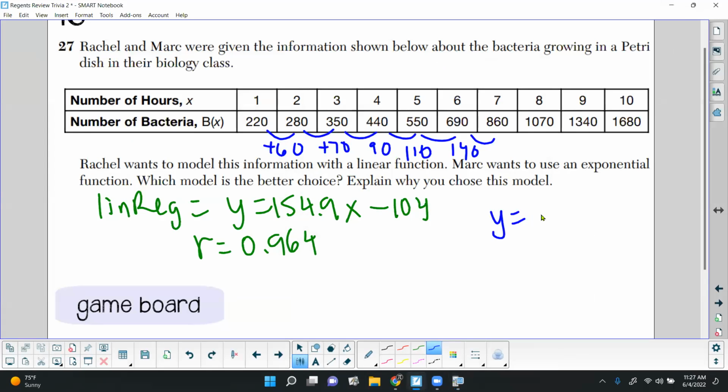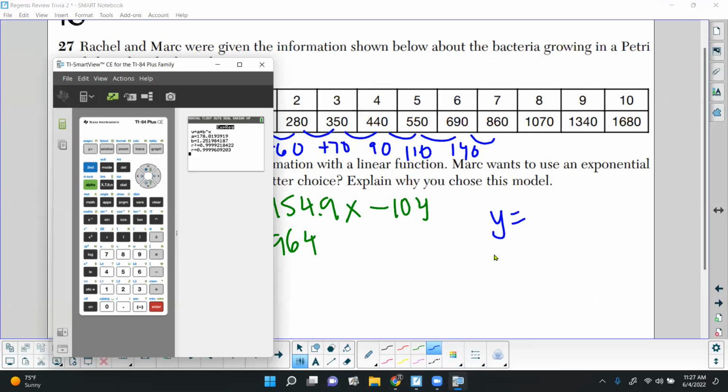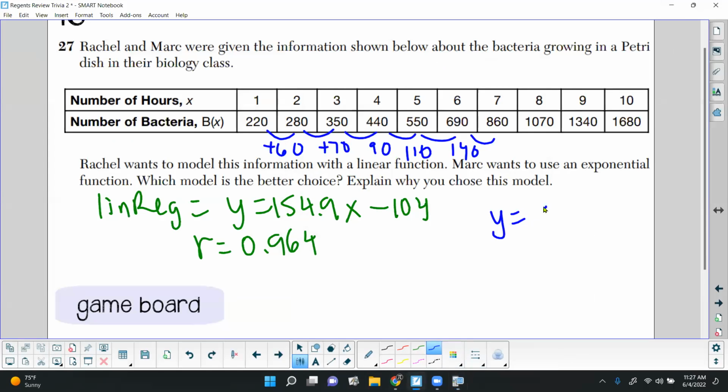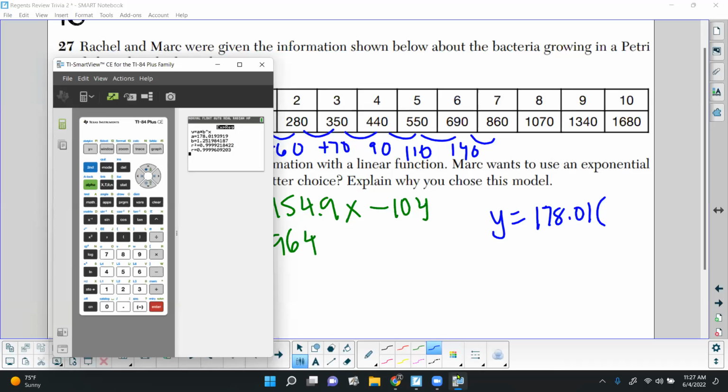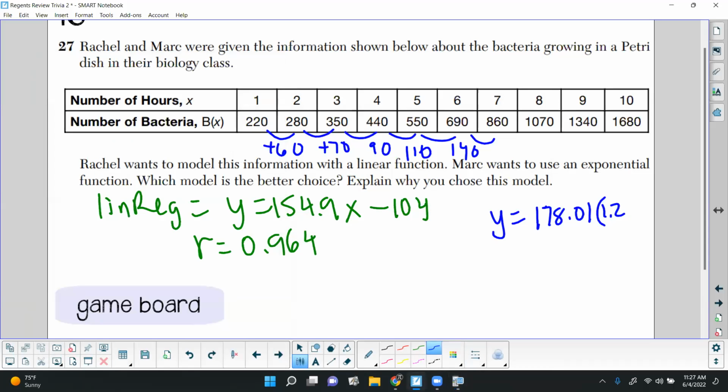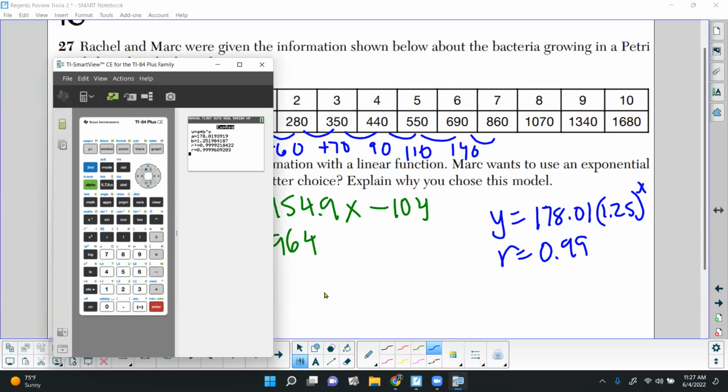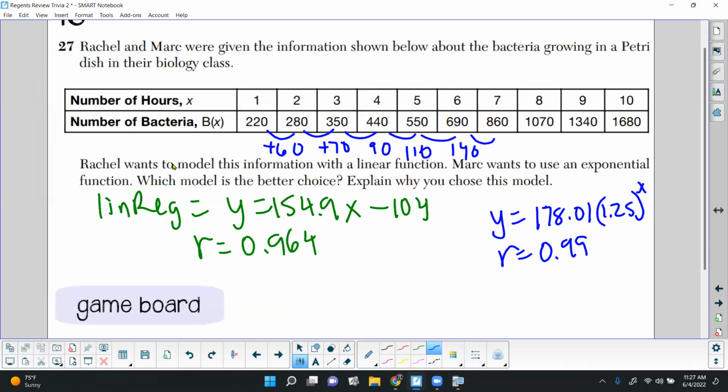For exponential, it's y equals 178.01 times 1.25 raised to the x, with a correlation coefficient of 0.9999, something very good. Okay, but you get what I'm saying, 0.99. So which model is the better choice? Explain why you chose this model.